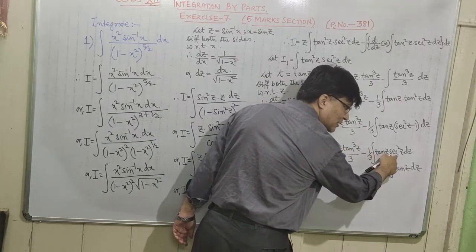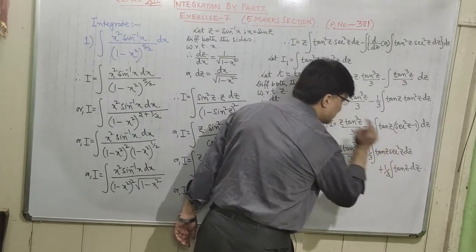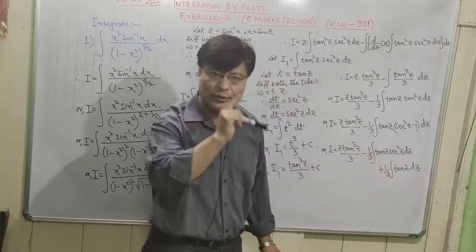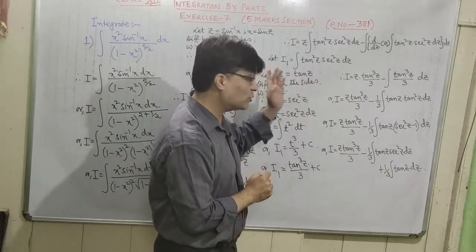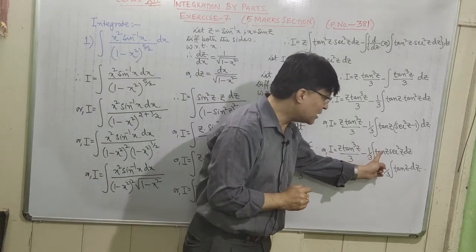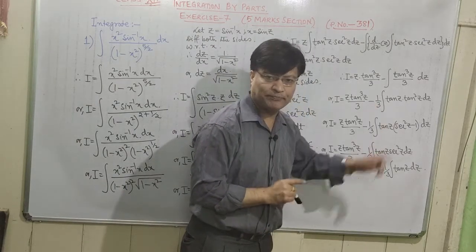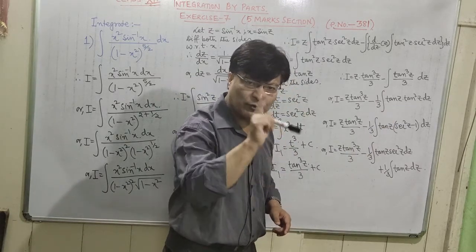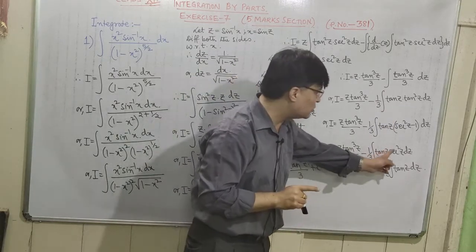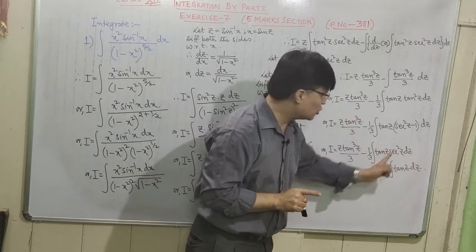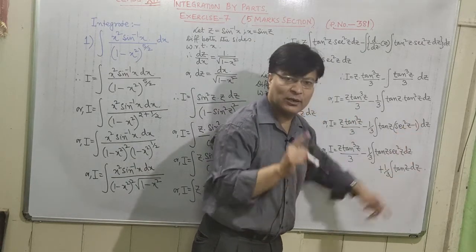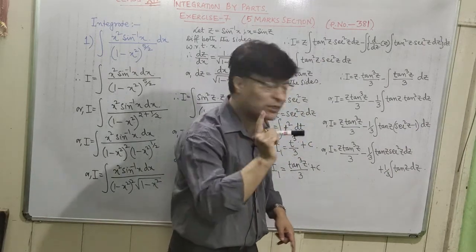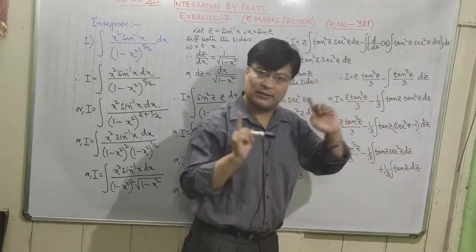It is sec square z. That is, you will get t dt, isn't it? Here also let us write u is equal to, we have already assumed t out here. Let us assume u is equal to tan z. So du by dz is equal to sec square z. If you cross multiply, you will get du is equal to sec square z dz. So this will be u du, isn't it? What is the integration of u du? U square upon 2. But what is u here? It is tan z. Understood?